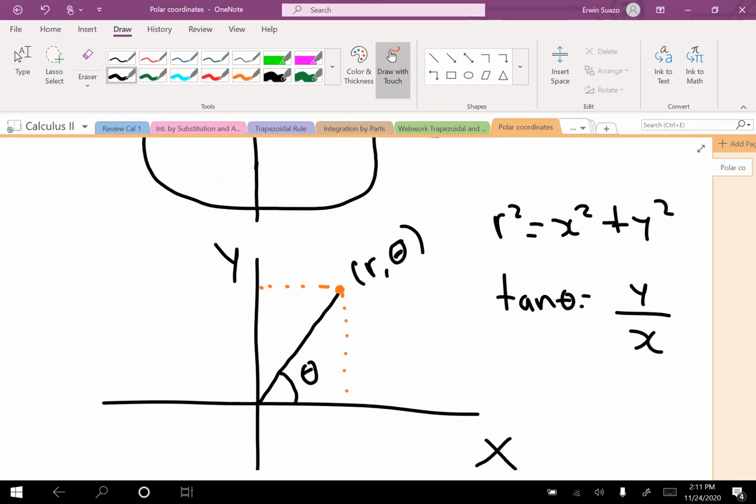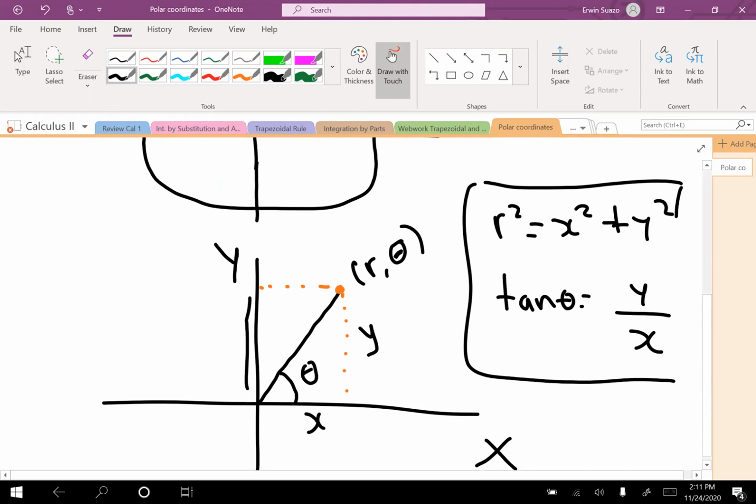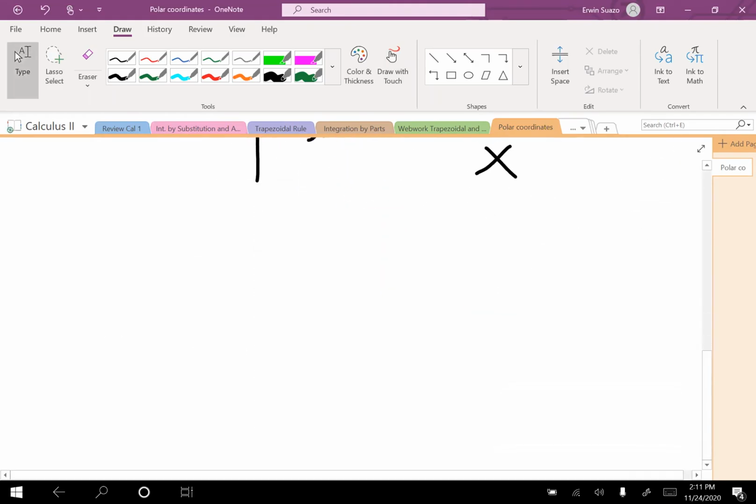Okay, because this is y, right? And this is x. So the tangent is opposite over adjacent. You see those two formulas are totally natural. And that's what we're going to use to change from one coordinate system to the other.